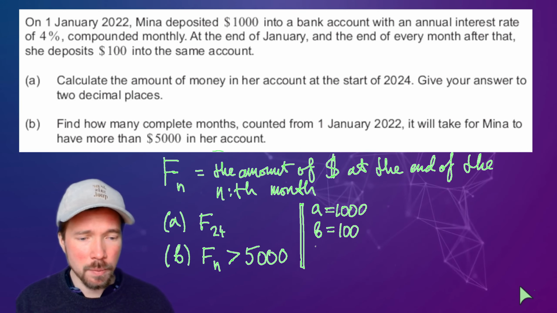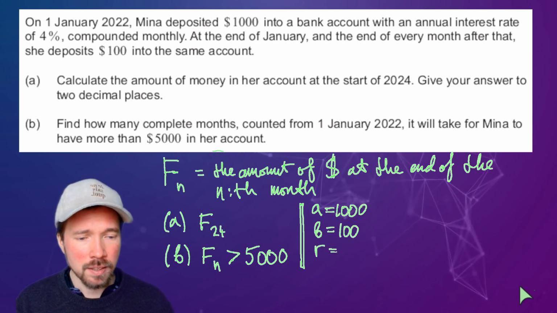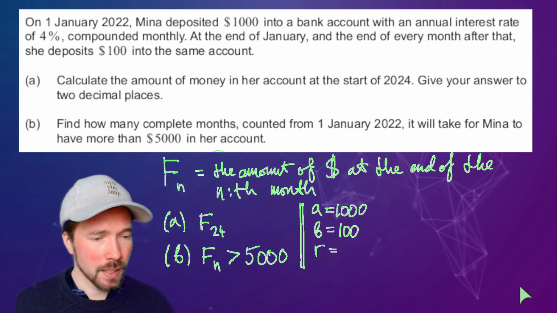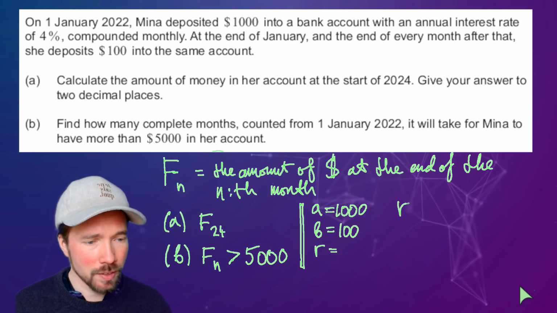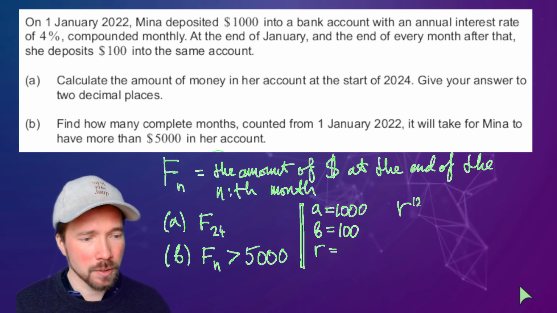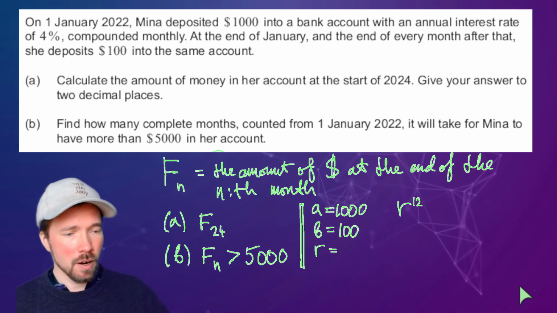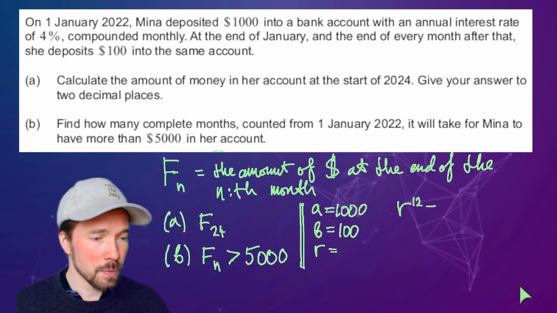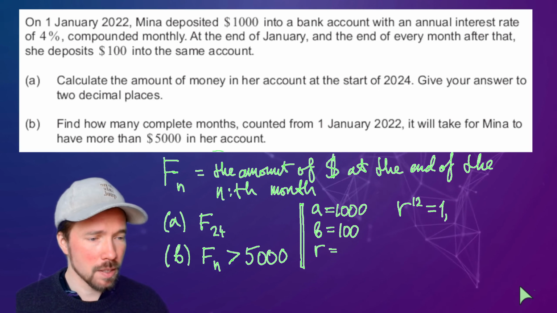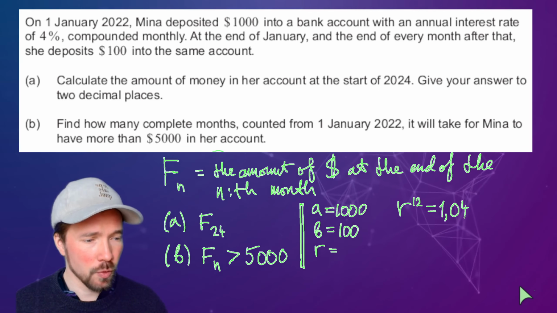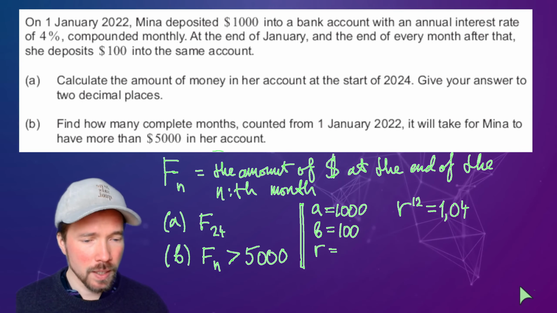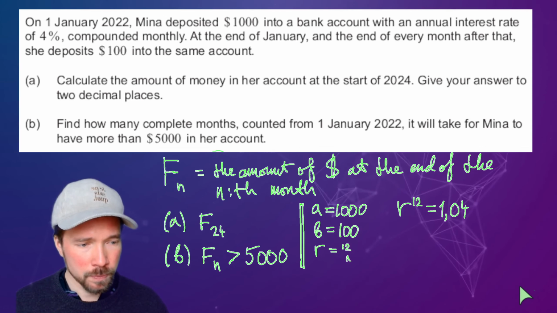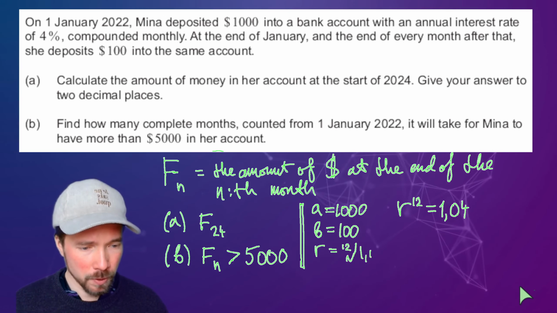And then there is some monthly rate r, of which we know that in a year, so in 12 months, if we compound it 12 times, r to the power 12 should be 4% compounding, which means it's 1.04. So we know that r is the 12th root of 1.04.